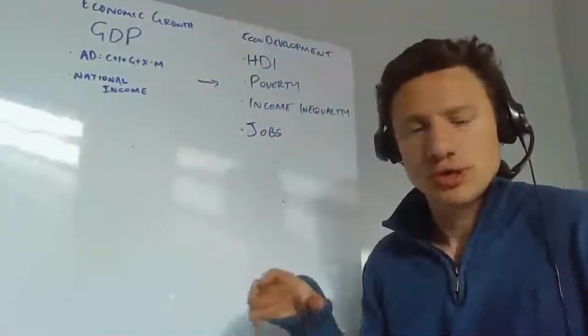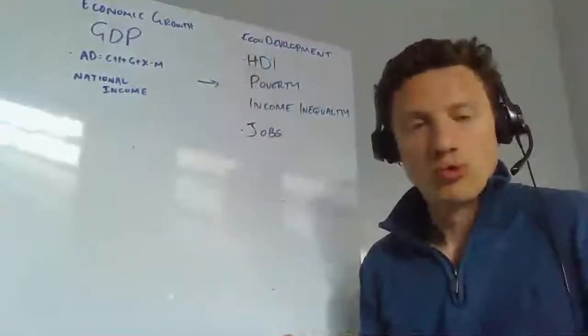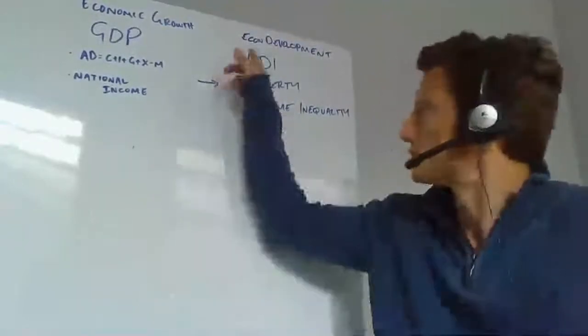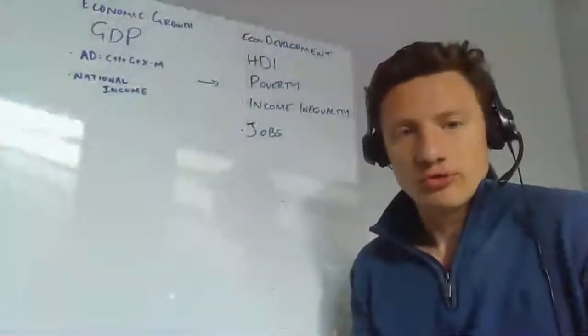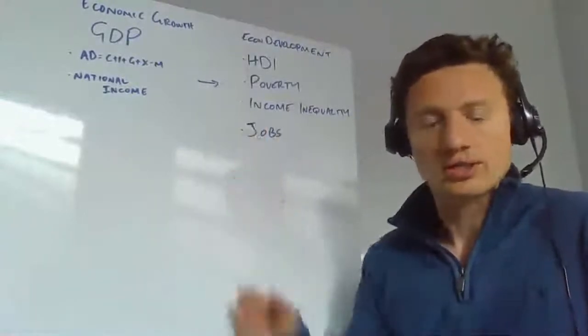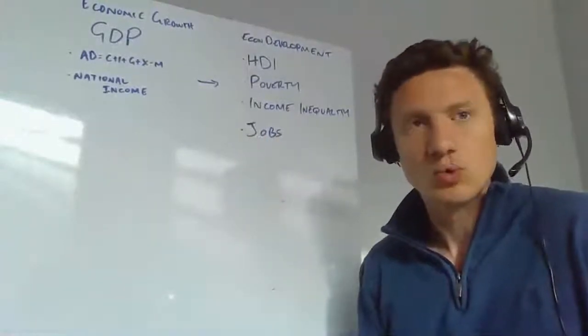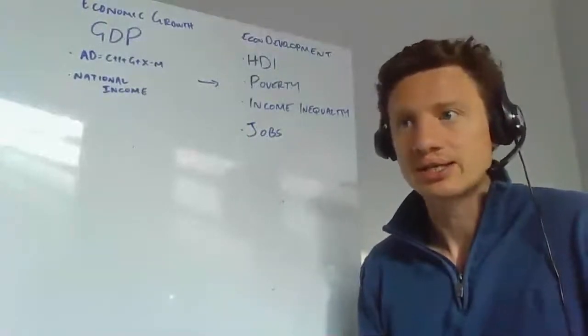We need to measure it across a broad range of things. Now, it could certainly be more than 4, and you shouldn't see this as an exhaustive list. Those of you that do geography will have a number of different factors that you could measure alongside this as well. So access to clean water, percentage of the population that have access to the internet.